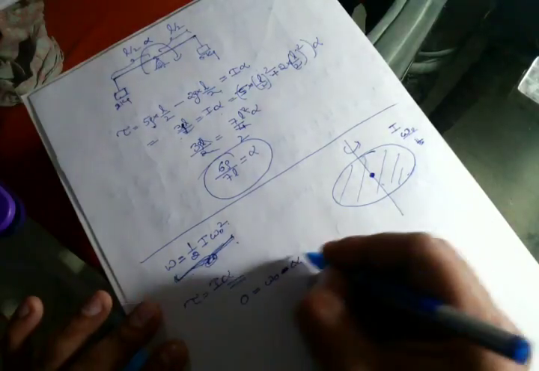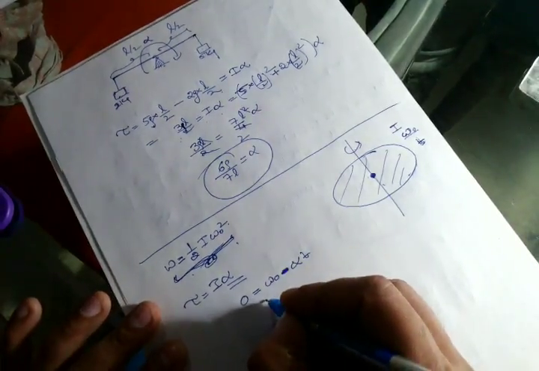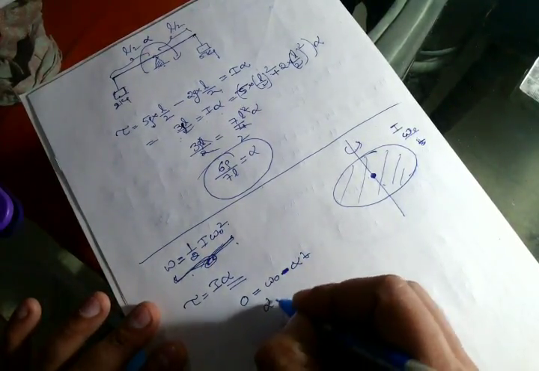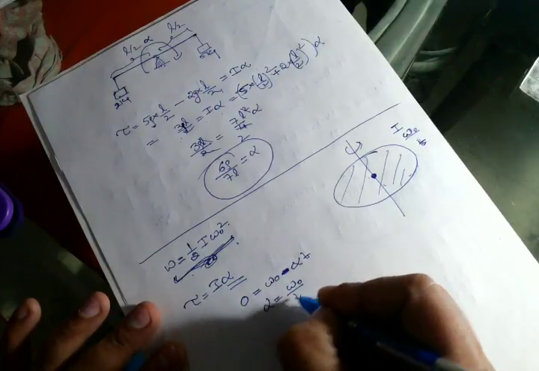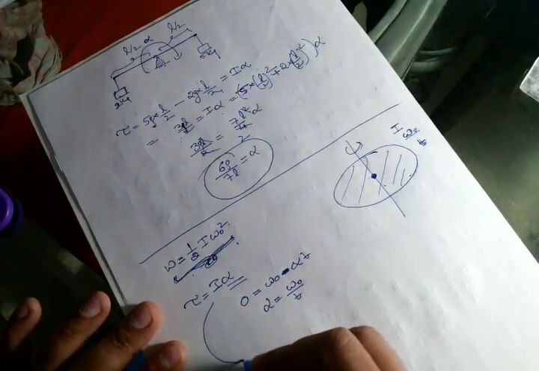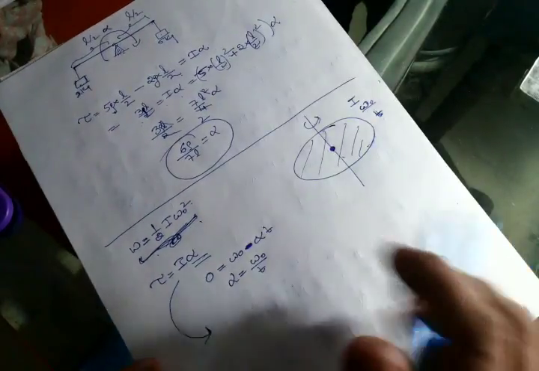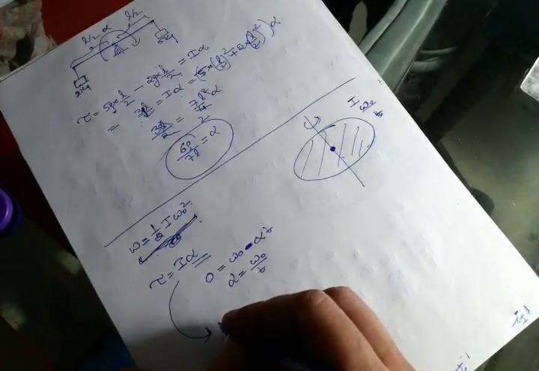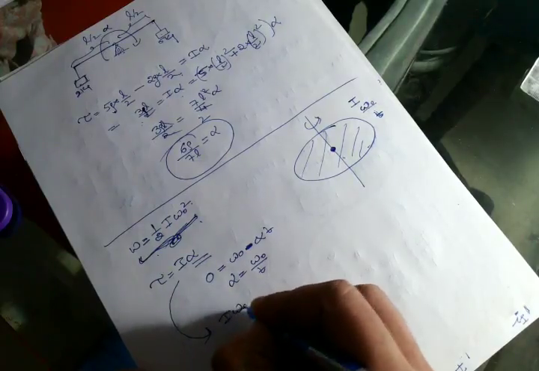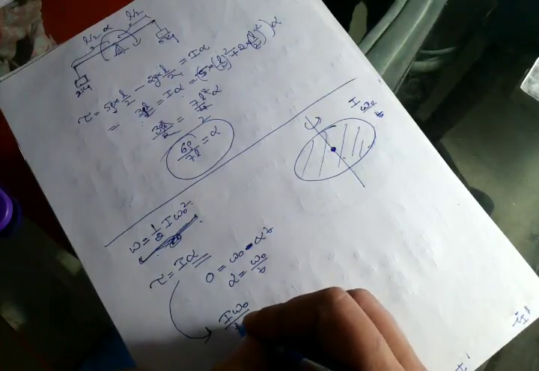So alpha is equal to omega naught upon t. So the torque by friction forces in stopping this wheel is I omega naught upon t.